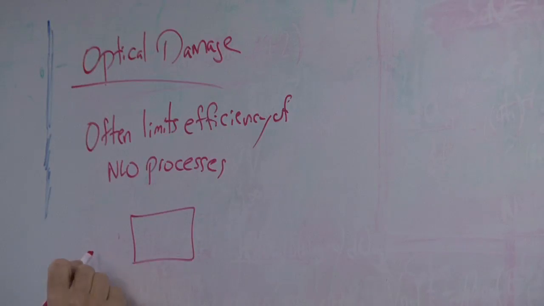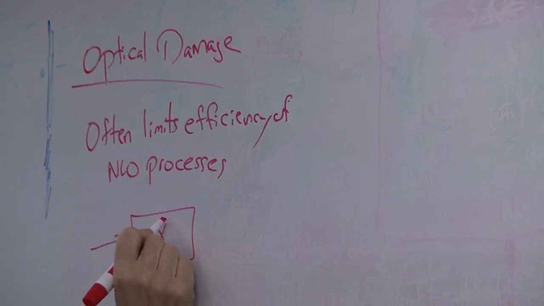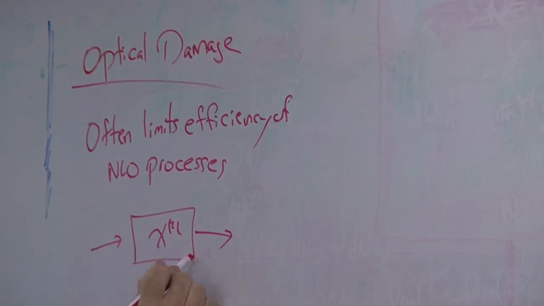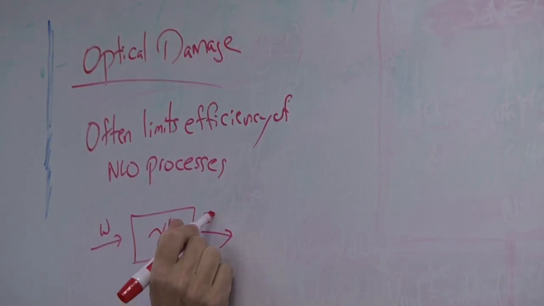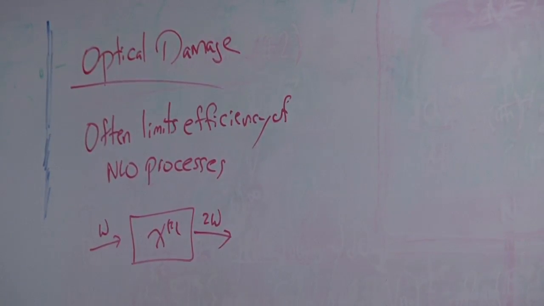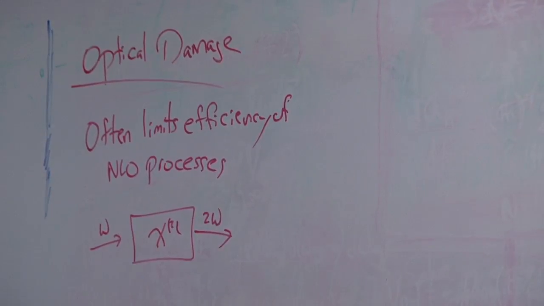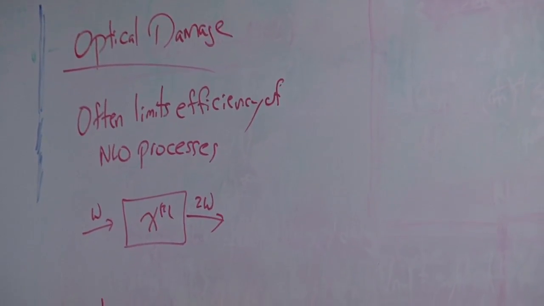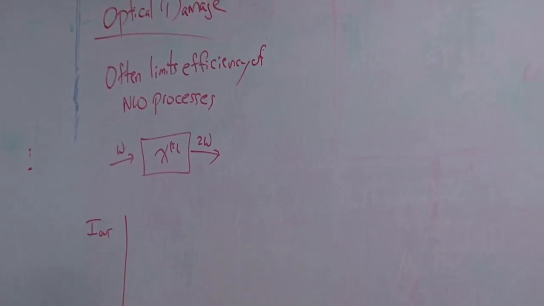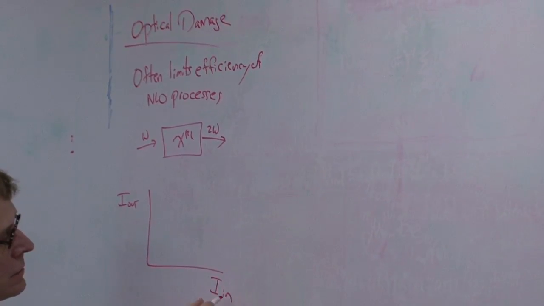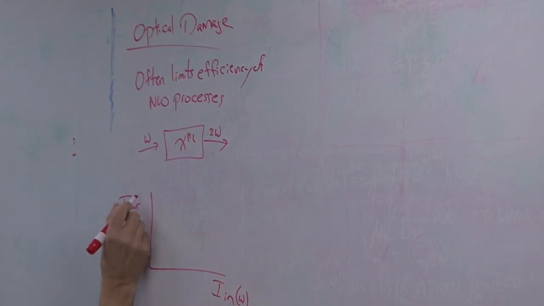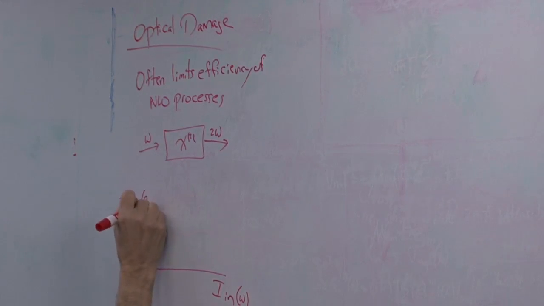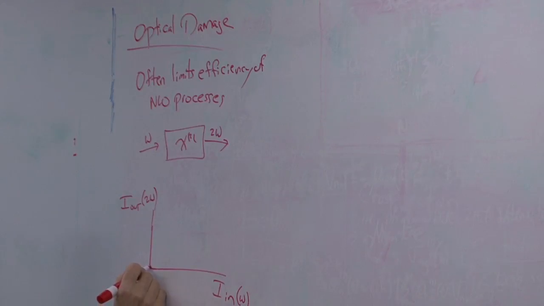Let's say we're interested in second harmonic generation, which we go from omega to 2 omega. And if you plot I out at 2 omega as a function of I in at omega, you say, hey, that curve is a quadratic.